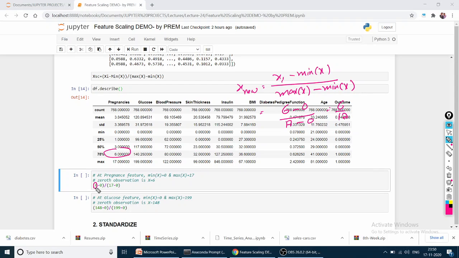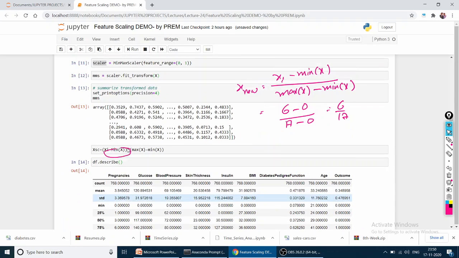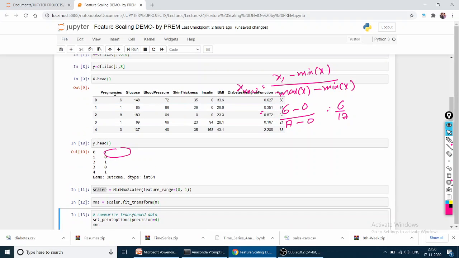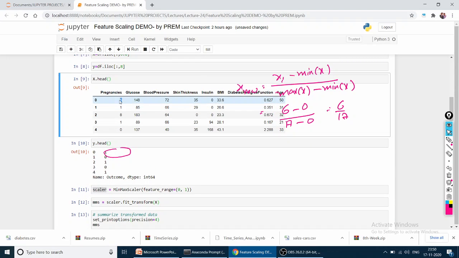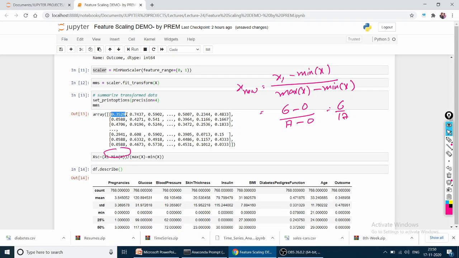If you execute this statement, you get 0.3529, which is the same as this value. So under the pregnancy feature, 6 is rescaled down to 0.3529.